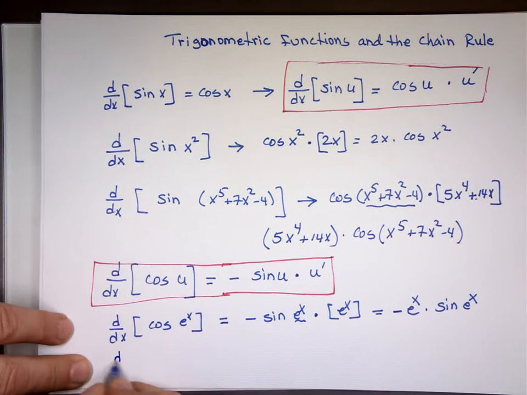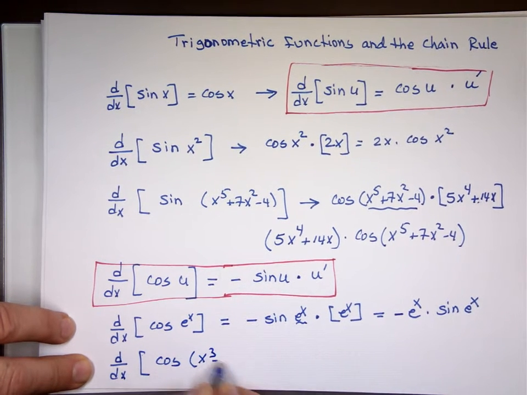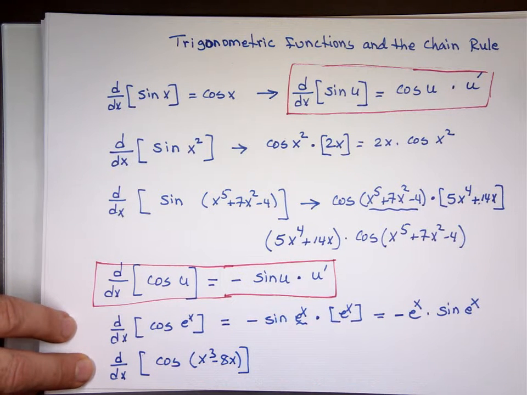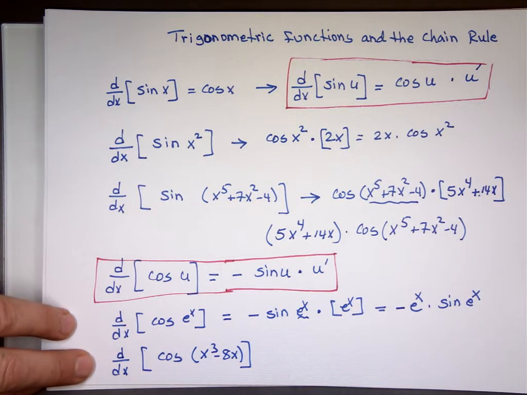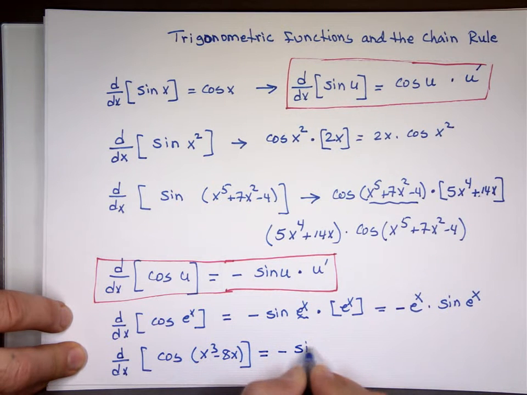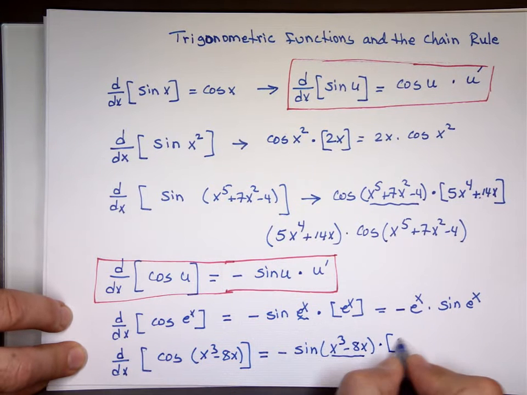What is the derivative of cosine of x cubed minus 8x? That'll be negative sine of x cubed minus 8x times the derivative of this, which is what? 3x squared minus 8.